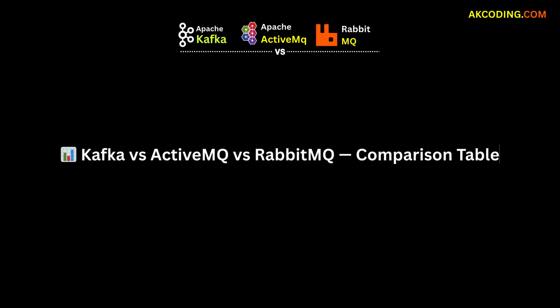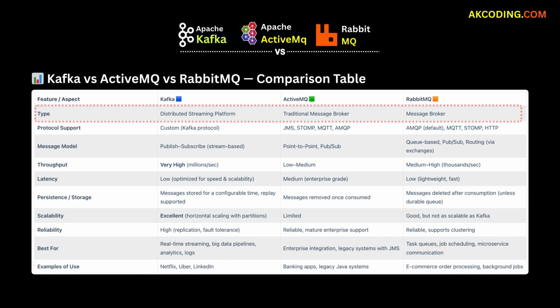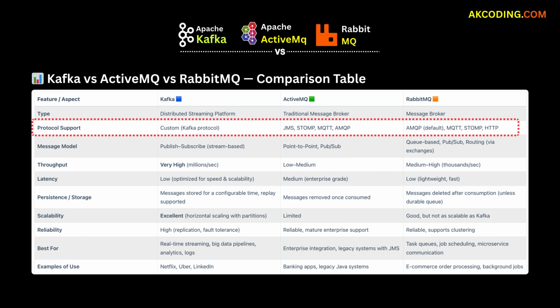Now let's understand Kafka versus ActiveMQ versus RabbitMQ with a comparison table. Type: Kafka is a distributed streaming platform. ActiveMQ is a traditional message broker, and RabbitMQ is a message broker. Protocol support: Kafka has its own custom Kafka protocol, while ActiveMQ uses JMS, Stomp, MQTT and AMQP protocols, and RabbitMQ uses AMQP by default and MQTT, Stomp and HTTP protocols.